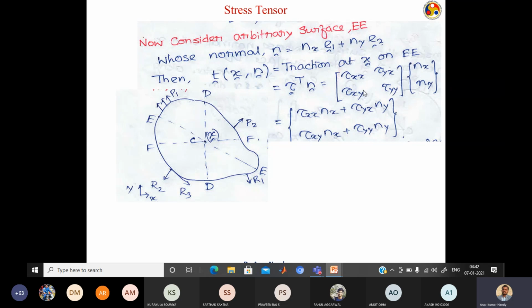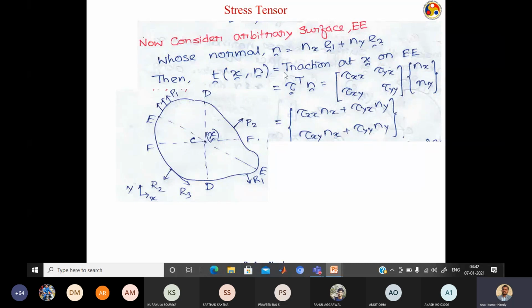And if you do matrix vector multiplication, then the x component of this traction is tau xx nx plus tau yx ny, and the y component is second row first column, so tau xy nx plus tau yy ny.